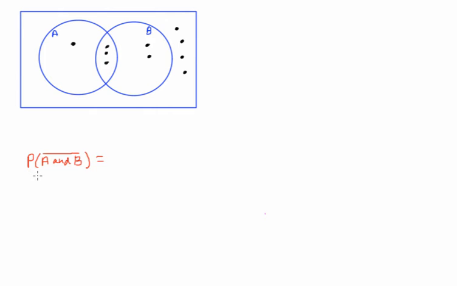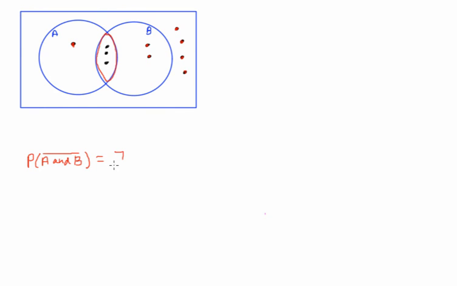The probability of the complement of A and B. The complement of A and B is the stuff that's not in A and B. So first, let's find A and B, right? That's this stuff right here, the stuff that's in both A and B. So what's not that? Well, not that is all the rest of the stuff that's not in that area. All of those dots. 1, 2, 3, 4, 5, 6, 7.